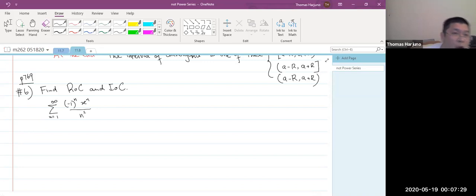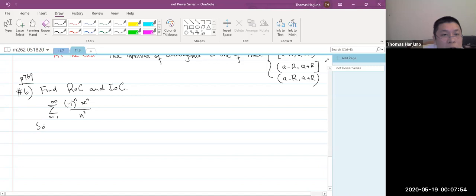Now, in our previous sections, the question was to decide if the series is convergent or divergent. Now, the question will be, at what x will the series be convergent or divergent? We remember we have many tests that we can use. One of the common tests being used here is the ratio test.